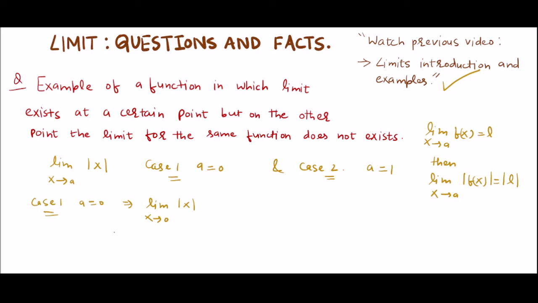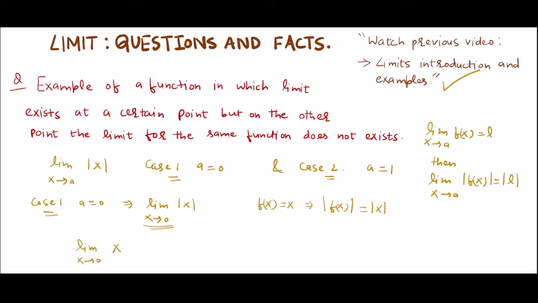So we can consider f(x) as x, which implies modulus of f(x) as modulus of x, right? So to find the limit of this function, we will first find the limit as x tends to 0 for the function x.